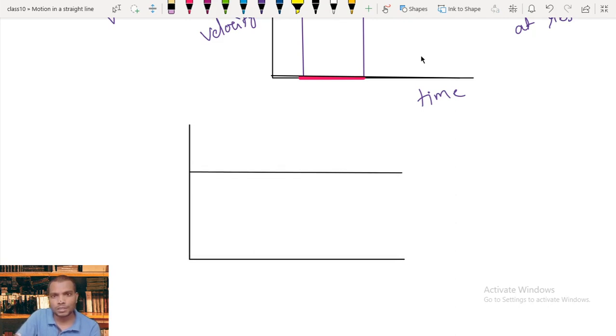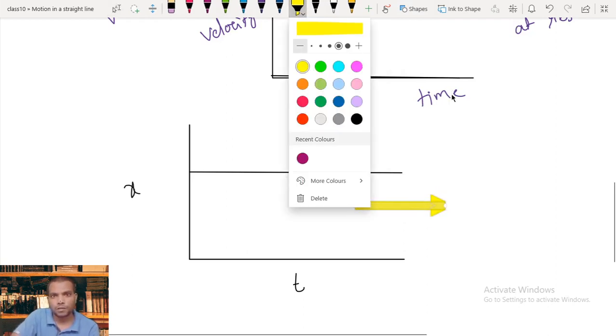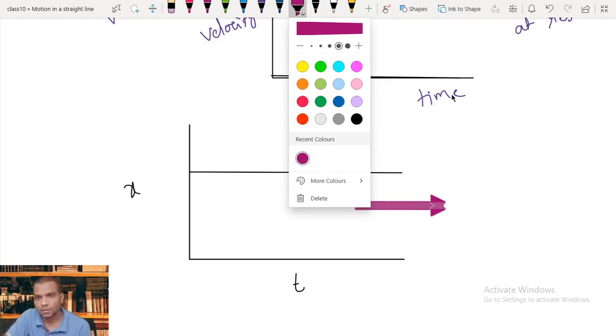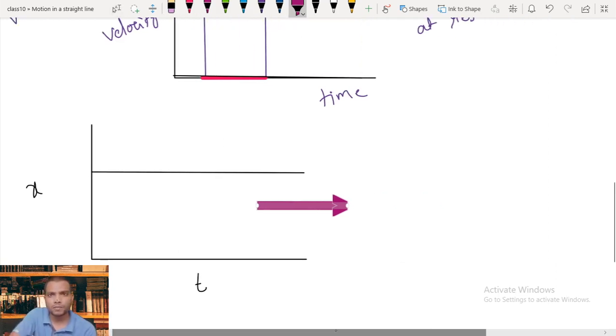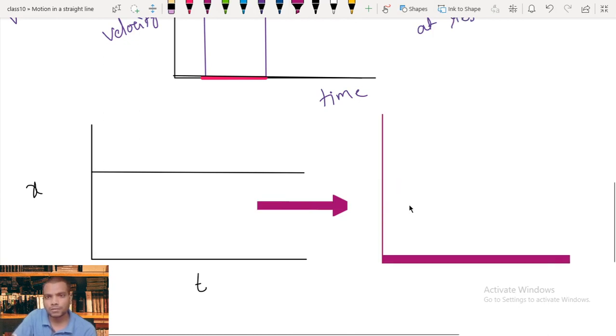So if the object is at rest, this is the position versus time graph, and to this the corresponding velocity versus time graph is how it could be. So we also need to draw the velocity versus time graph.